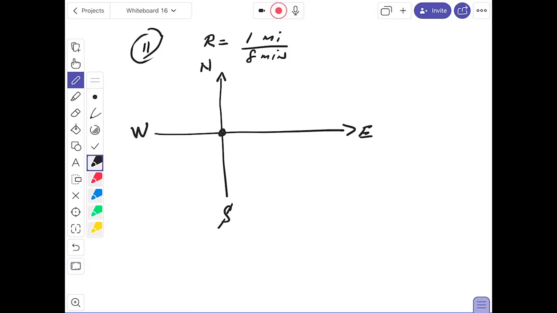Starting position. The jogger runs at a constant rate of 1 mile every 8 minutes in a direction south 40 degrees east. Okay, south 40 degrees east.